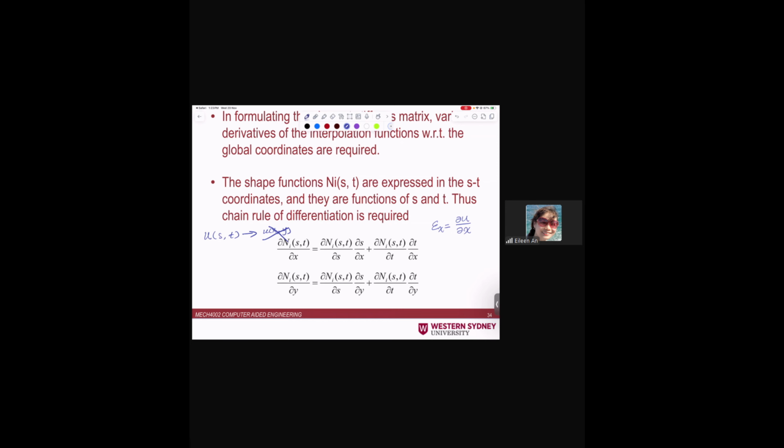According to the example we just practiced, we know that x is actually a function of s and t, and y is also a function of s and t. But if we do some transformation, we can find that s can be considered as a function of x, y, and t the same.